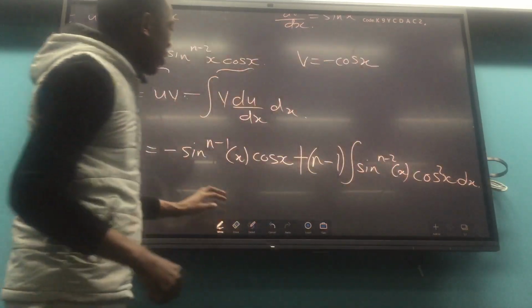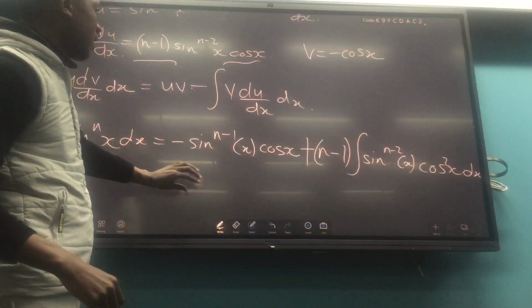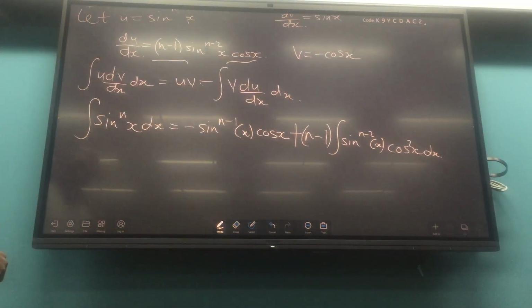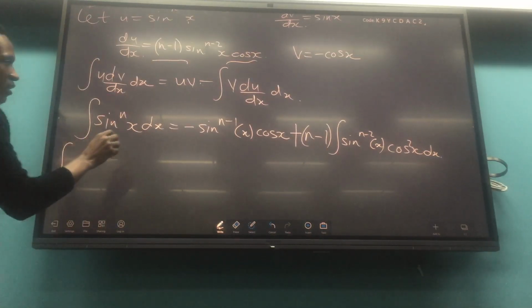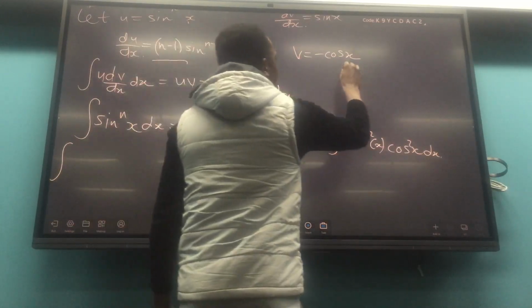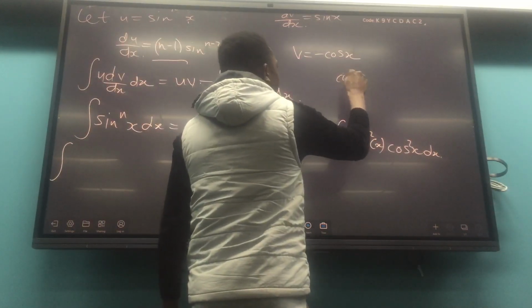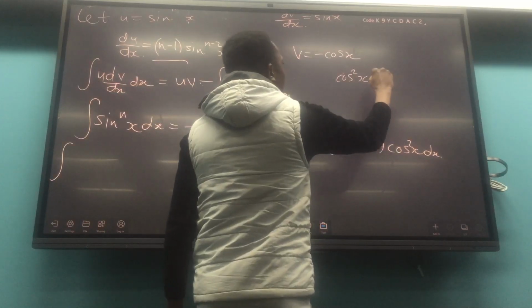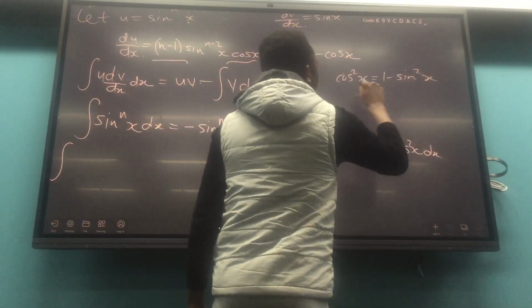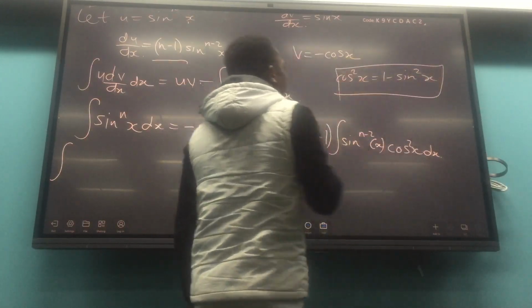So we now have something like this here. What we are going to do is rewrite this part using the identity. We know that cos squared x is equal to 1 minus sine squared of x, so we're going to make use of that.